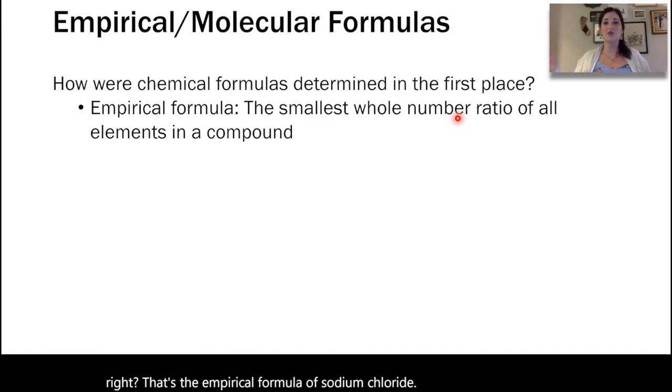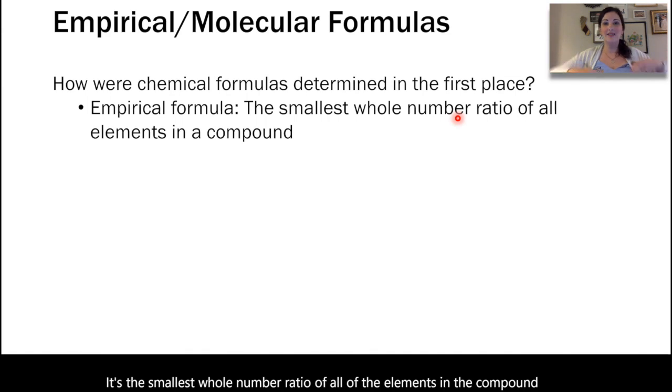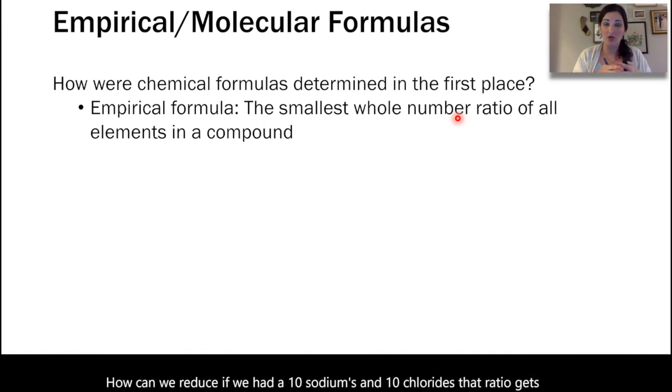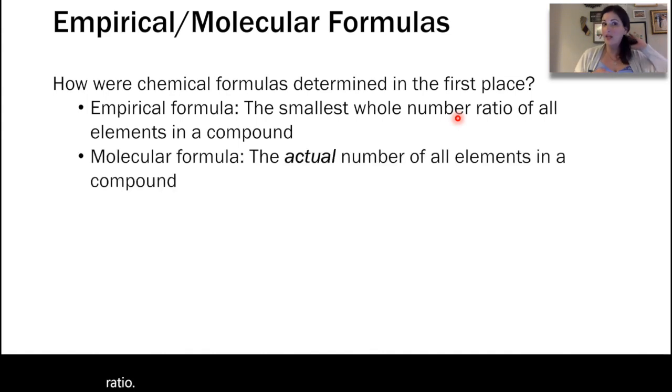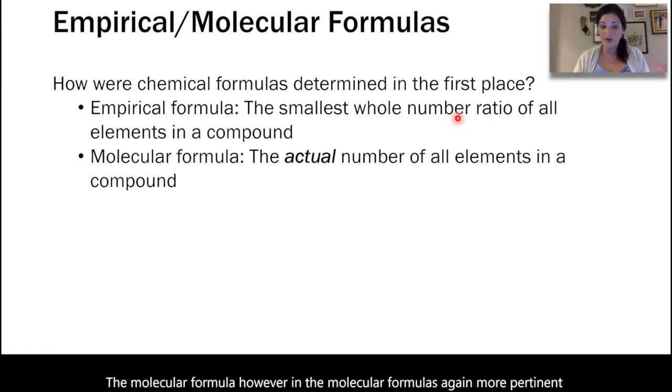If we had 10 sodiums and 10 chlorides, that ratio gets reduced down to 1 sodium and 1 chloride. That's the smallest whole number ratio. The molecular formula, however, is more pertinent for covalent compounds.